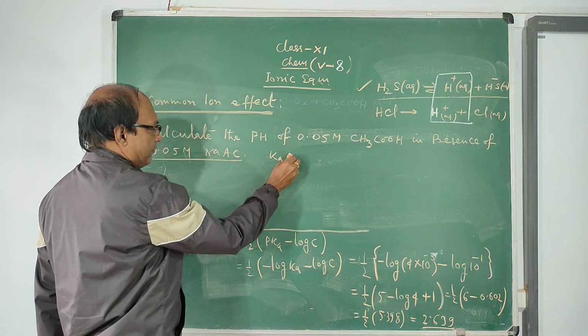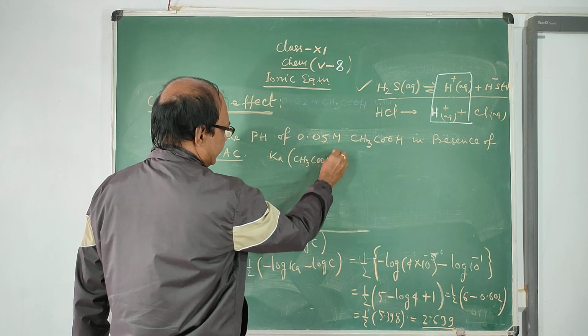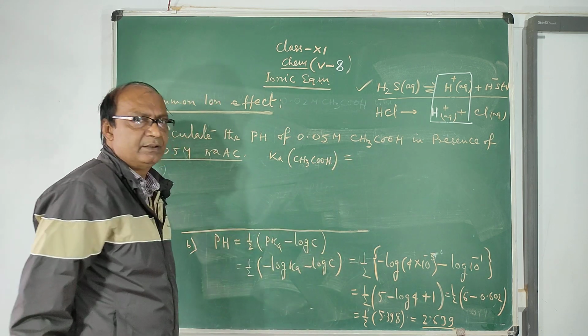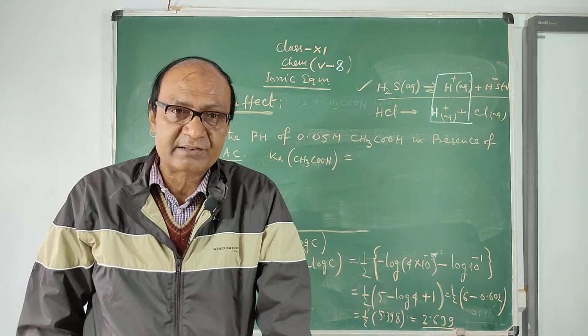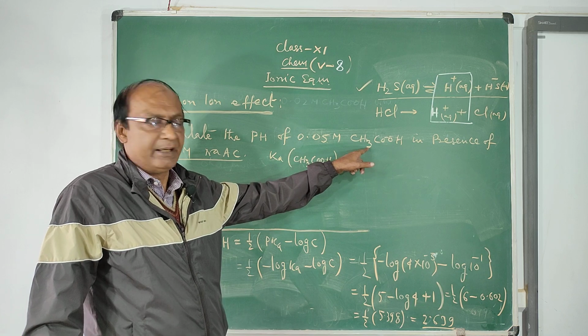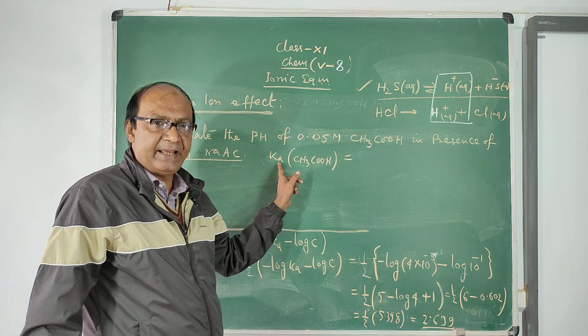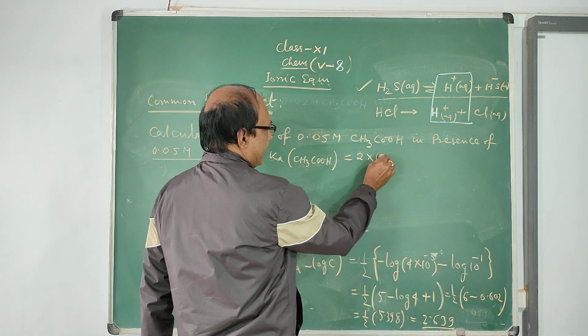Ka for acetic acid. What is Ka? Ka is the acid dissociation constant. This is a weak acid, therefore its dissociation constant is Ka. Ka for acetic acid is 2 into 10 to the power minus 5.